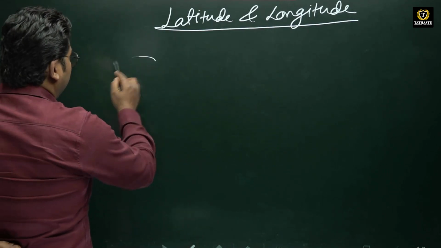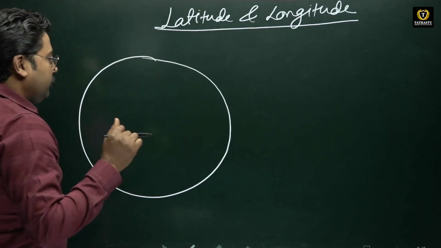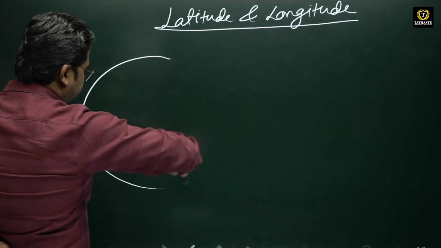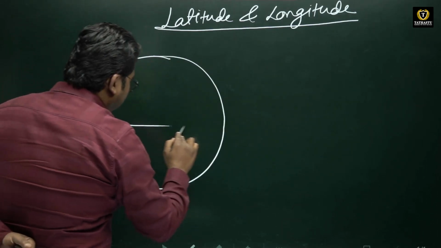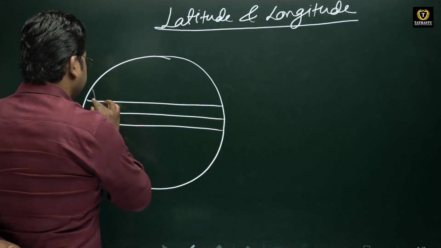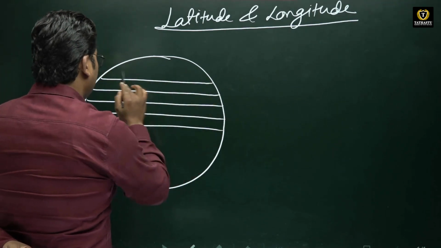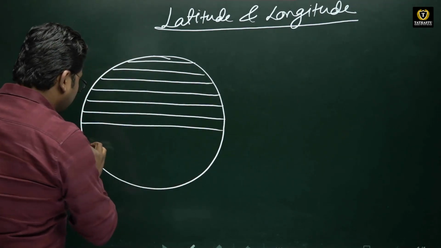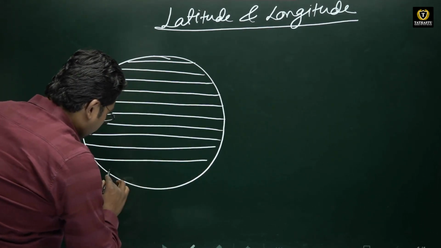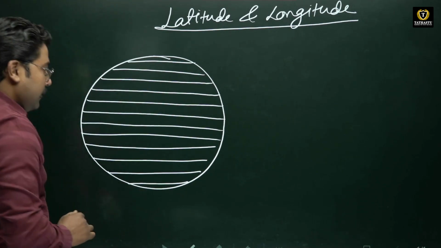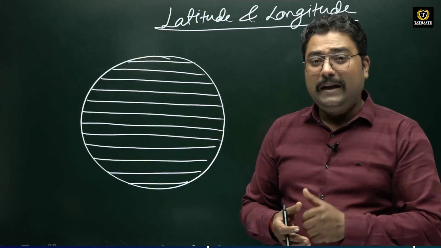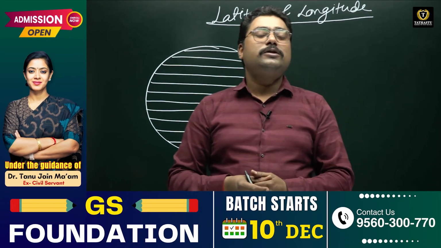So if we talk about latitudes, what is the first thing? They are the imaginary lines which are drawn horizontally on earth. Simply we can say they are rings on earth, or you can say bangles, means from this side also the same line and from the back side also the same line, which means the shape of latitudes is a circle.